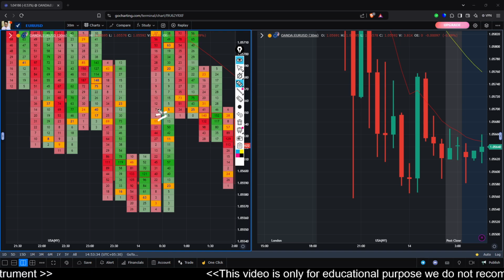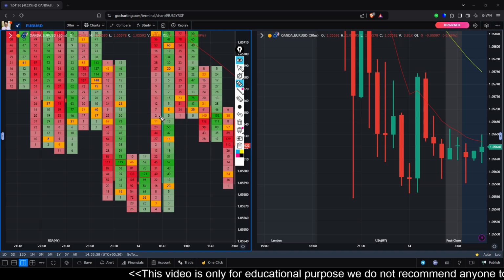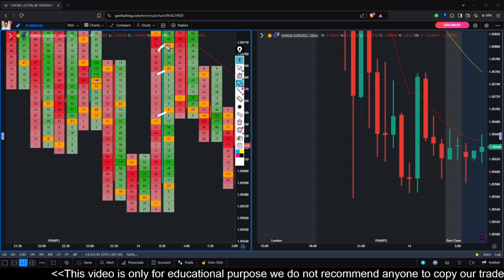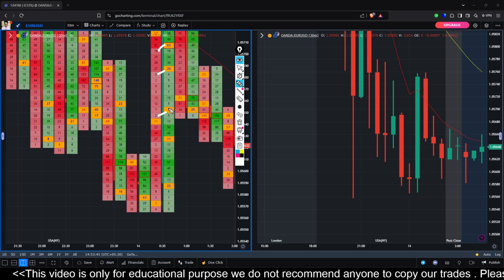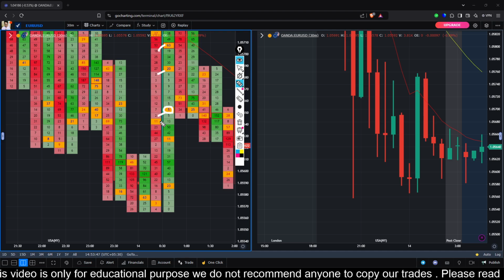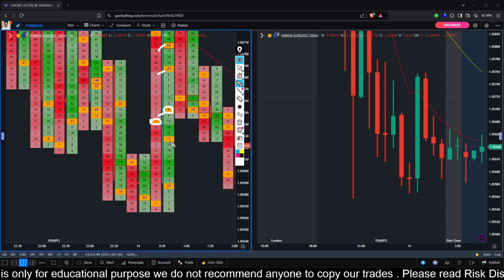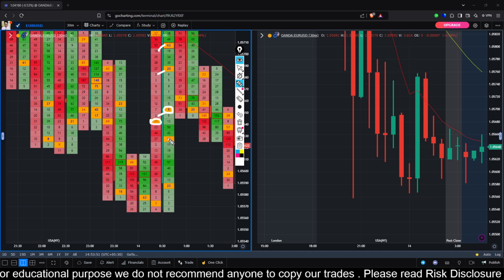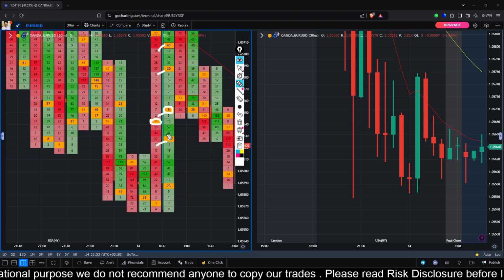That's what we do in a footprint, comparing these values diagonally. Whenever you get these orange or yellow boxes, it indicates that there is liquidity available here which is three or four times more than the opposite side's liquidity.